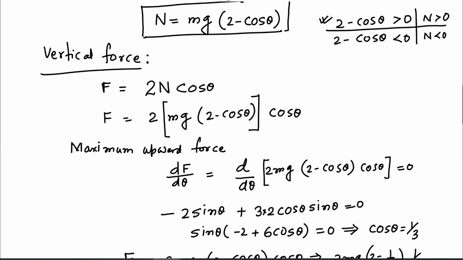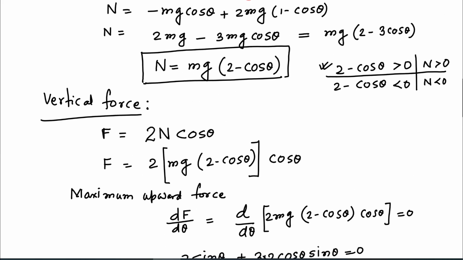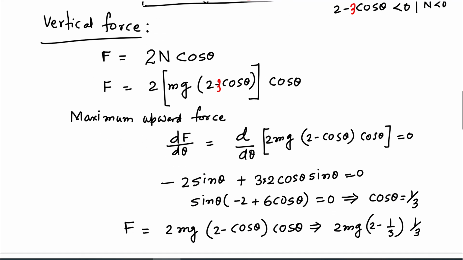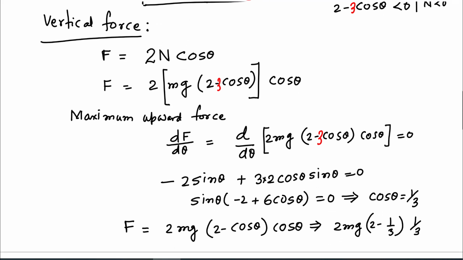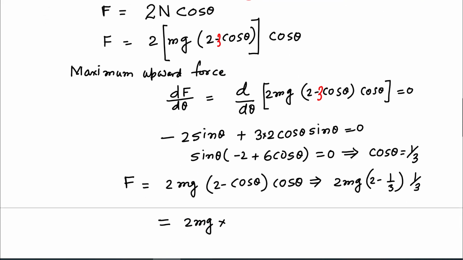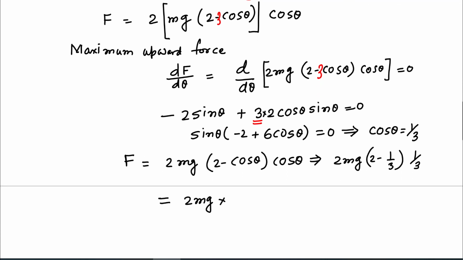There is a mistake here: it is 2 minus 3 cos theta, so everywhere I have to put a 3. Let us plug in the value, cos theta is 1 by 3.